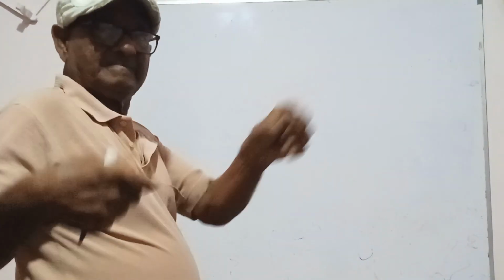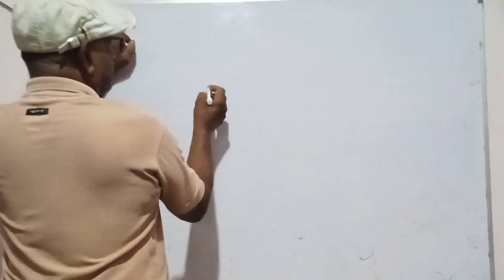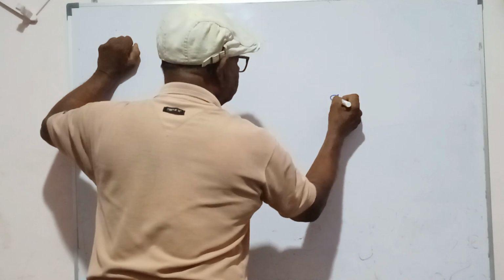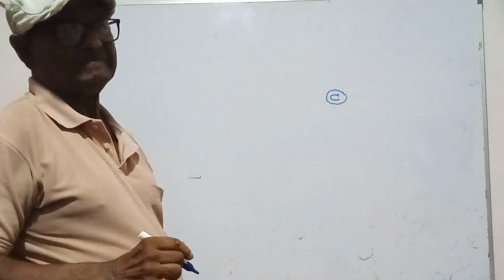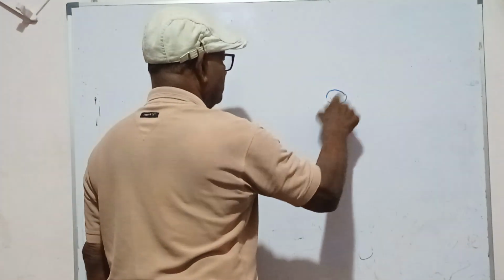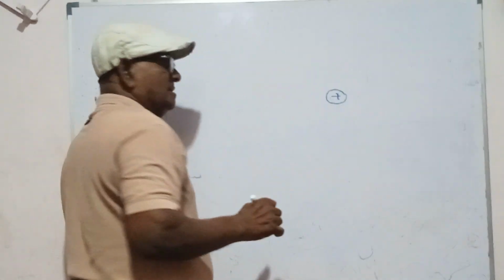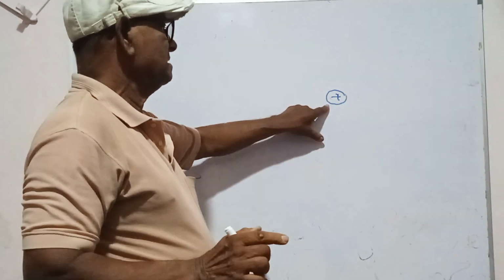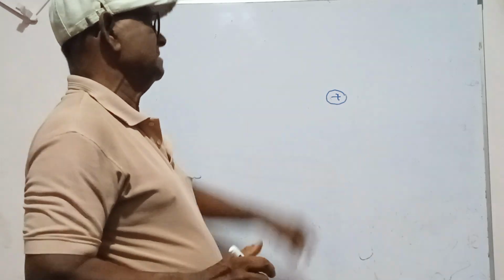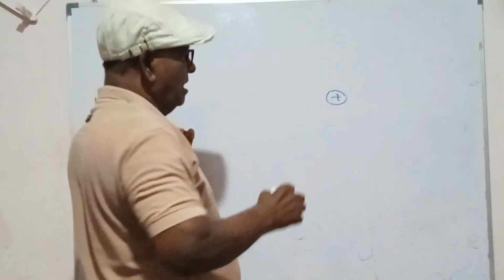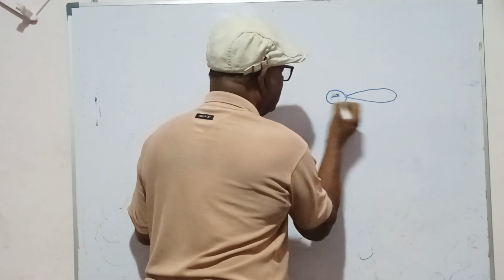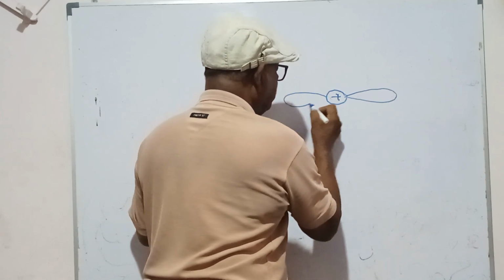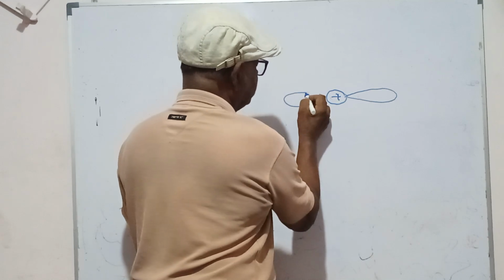Right. This is the carbon atom. The positive nucleus of the carbon atom, which undergoes sp hybridization. So, the two hybridized orbitals are arranged opposite to each other.